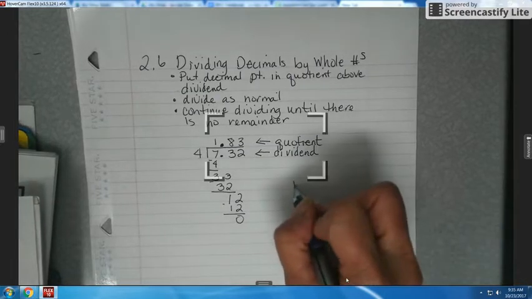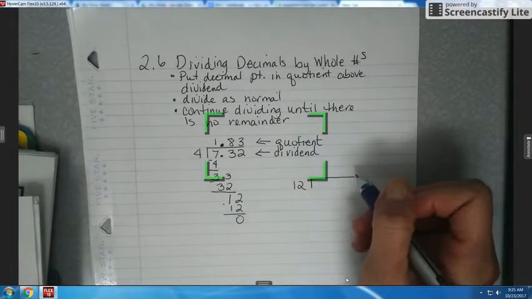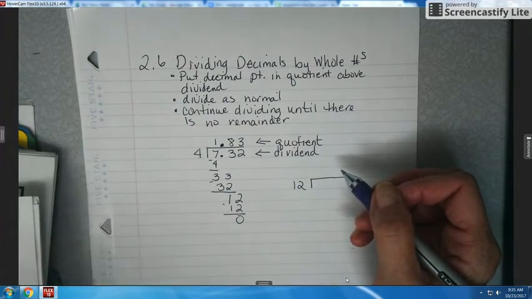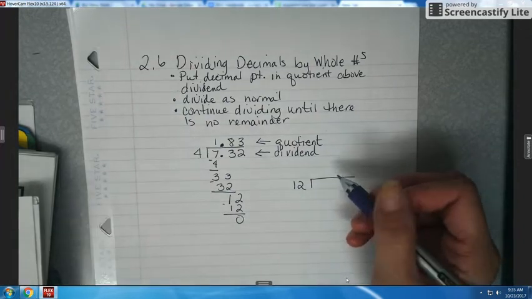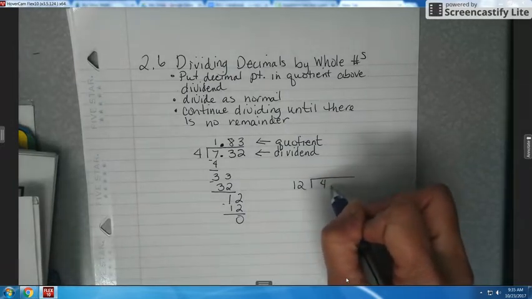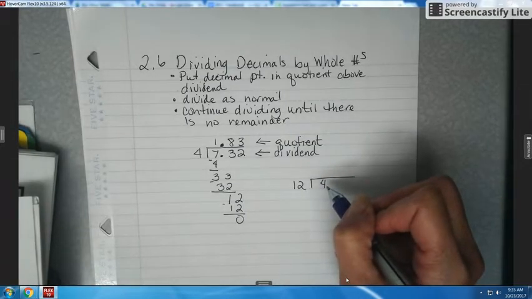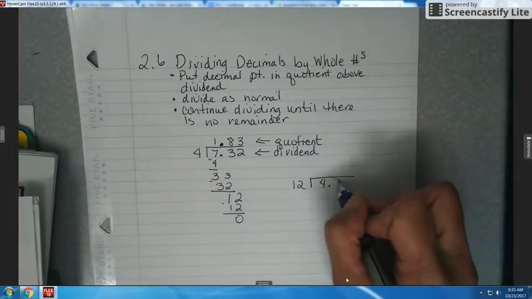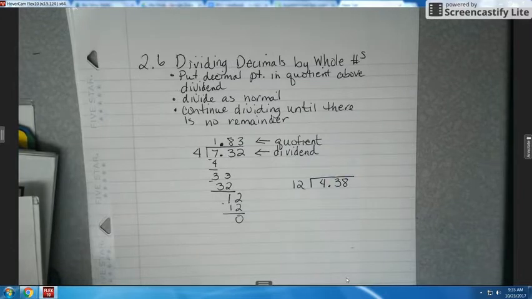I have 12 divided into 4 and 38 hundredths. 12 divided into 4 and 38 hundredths.